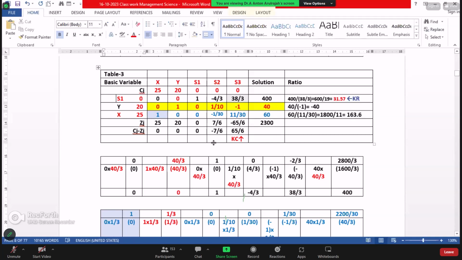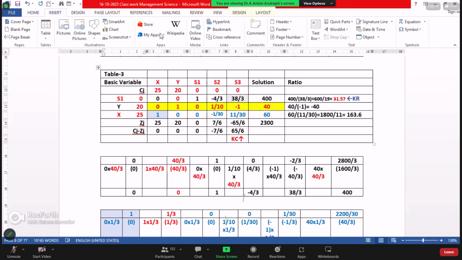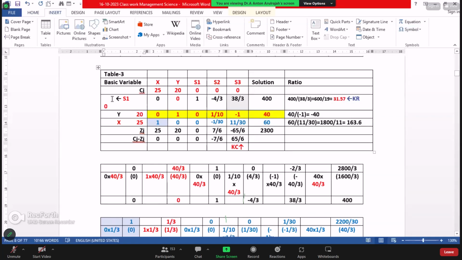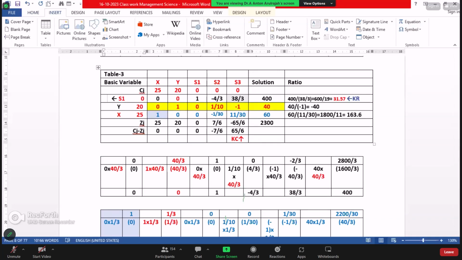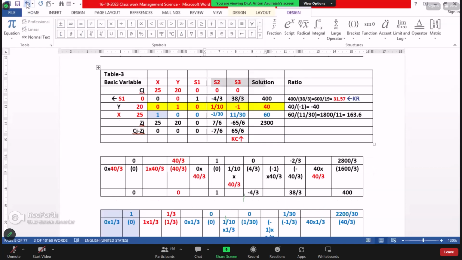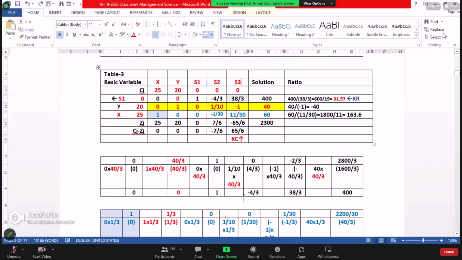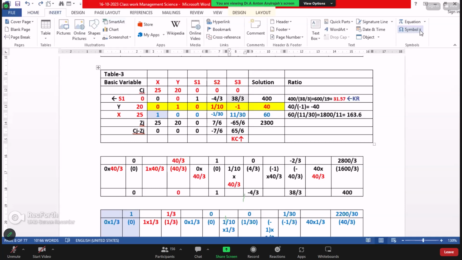Leaving variable is S1. Entering variable is S3. Understand carefully, right? So even if it is a slack variable, it can enter, and leaving is possible.